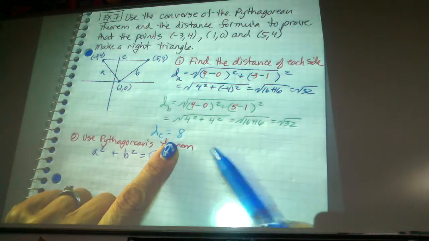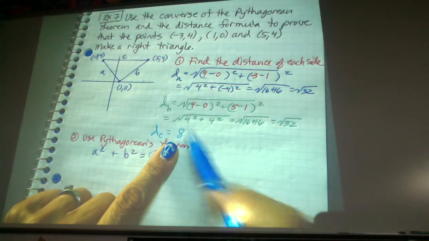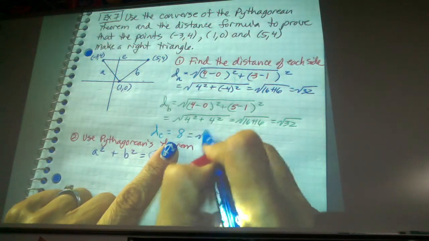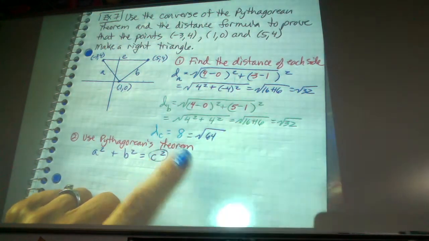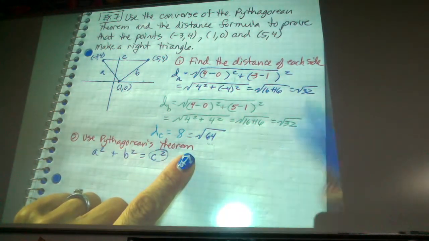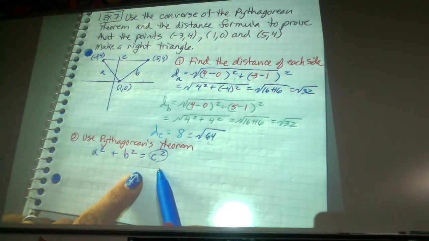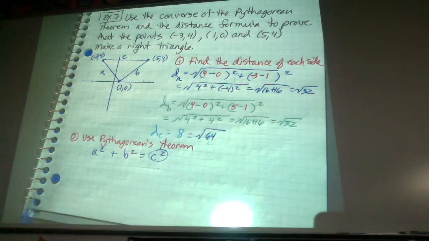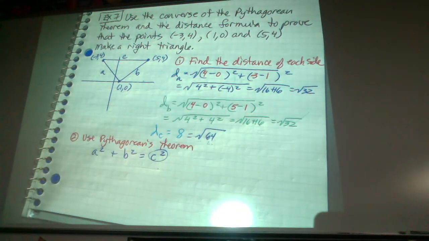If this were in radical form, let's say the answer to my square roots was 8. What would have been under the square root? 64. Do you see how I know that this is the bigger side out of the 3? The bigger side has to go in C. So, looking at everything in terms of radicals, I know that that would have been the square root of 64.